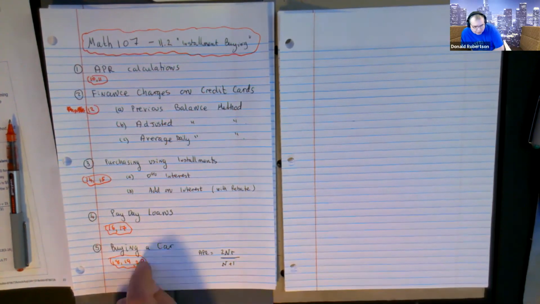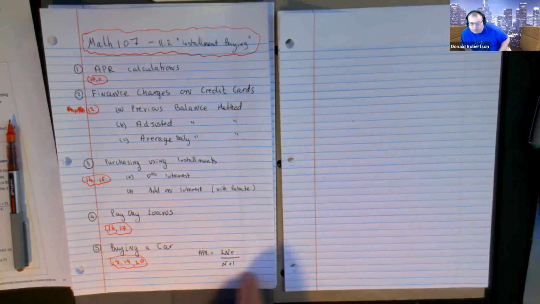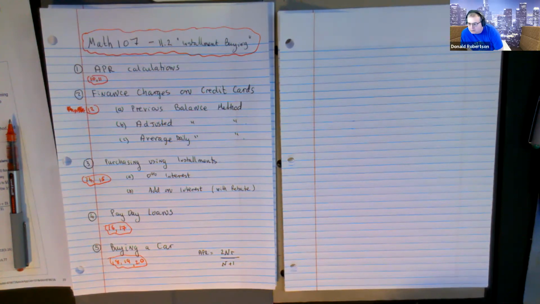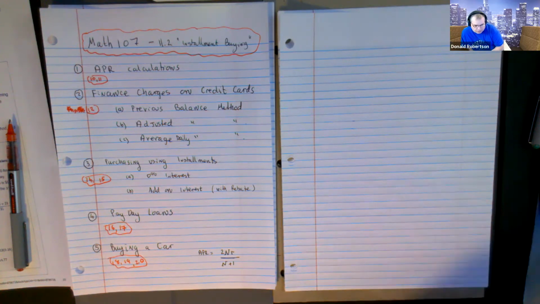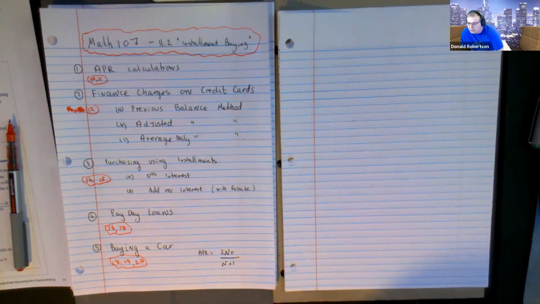And the last one is about buying a car, but in particular, buying a car and calculating what's called the annual percentage rate, the APR. And sometimes called APY, but the annual percentage rate. That's very important, because it's a legal requirement that whenever you enter into a loan situation where you're borrowing money or buying something, they need to tell you what the APR is.